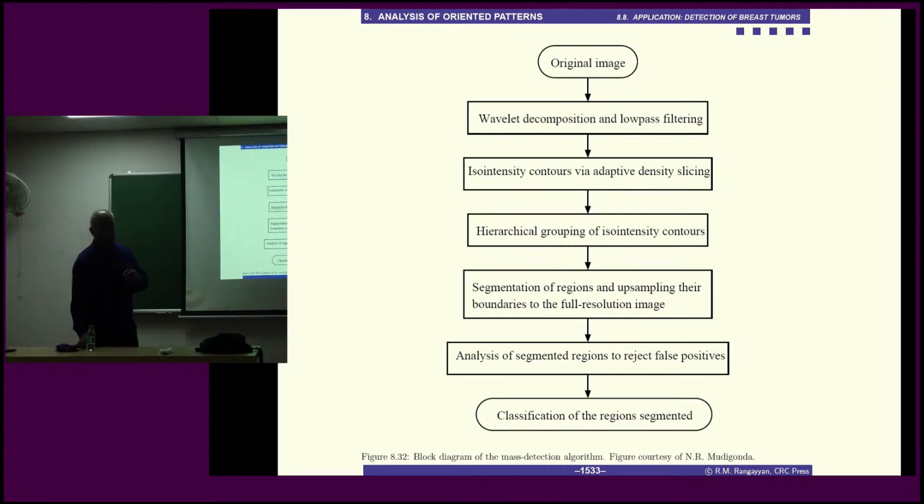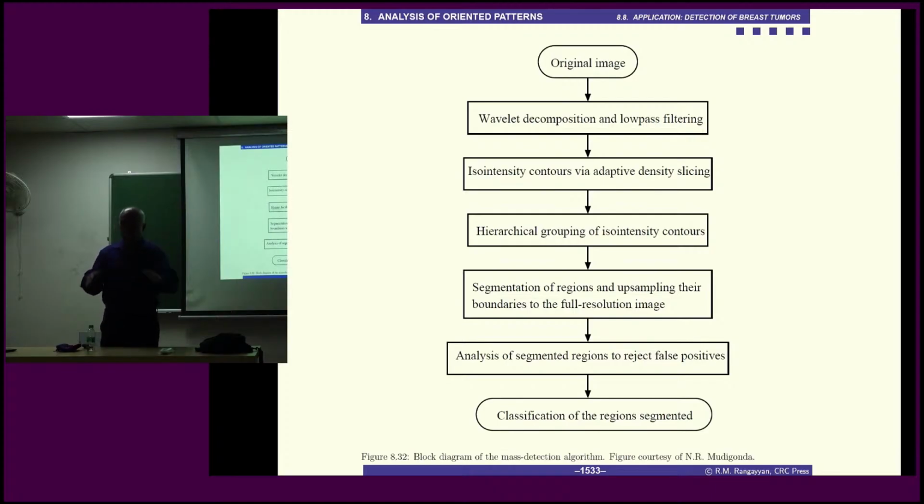The general idea is a mass is denser than the background, breast or whichever part of the image. A tumor will be denser. And a tumor is also active in the sense it is growing and spreading.